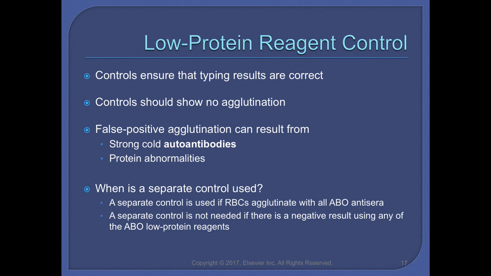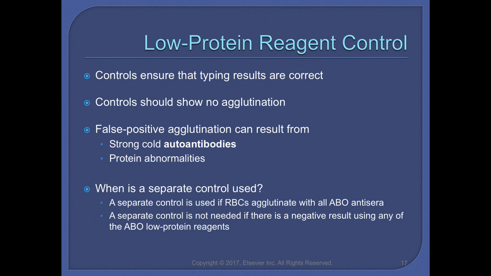So these low protein reagent controls ensure that typing results are correct. False positive agglutinations can result, but these will be due to different situations. These can help identify whether there is a cold autoantibody with a strong reaction, or some sort of protein abnormality present.